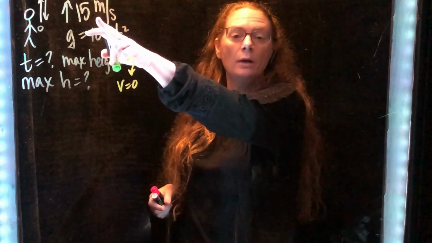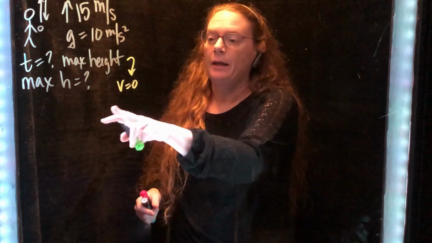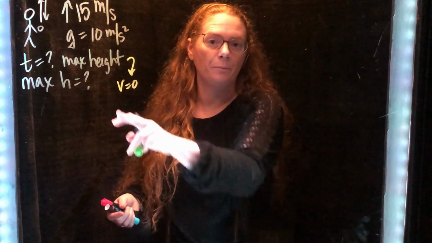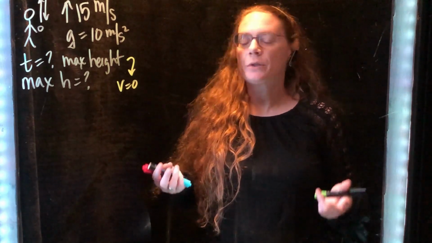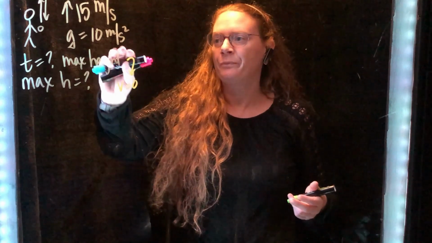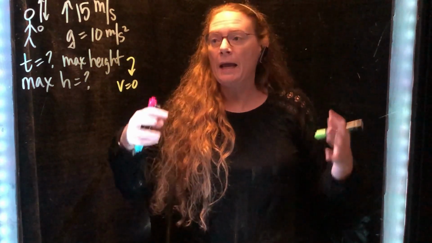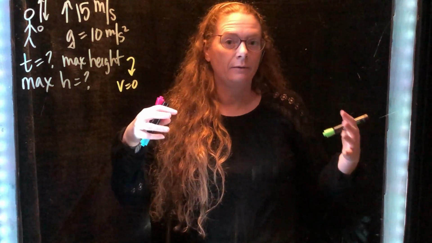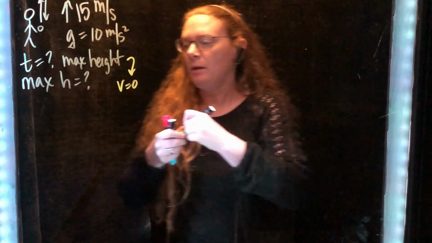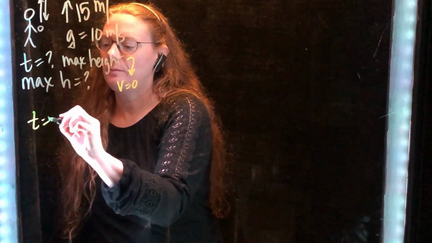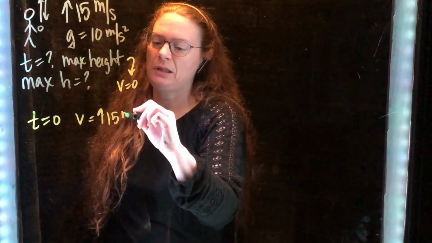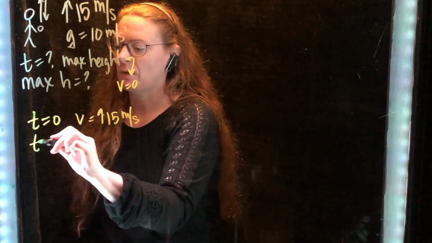We're starting at 15 meters per second, and we want to know how much time it takes us to go to velocity 0. All right, we're slowing down because of gravity at 10 meters per second squared. So we drop 10 meters per second in velocity every second. If we think about it this way, at time 0, we are moving upwards at 15 meters per second.